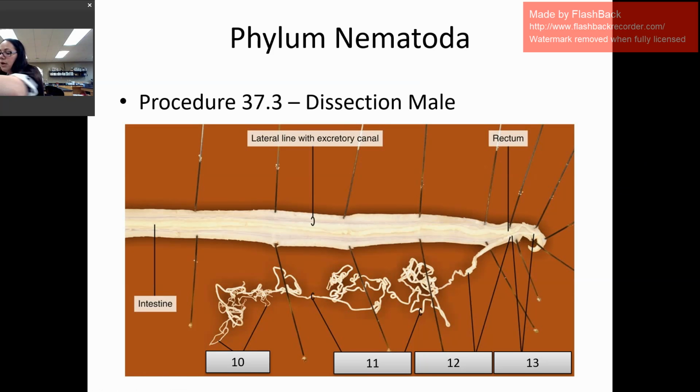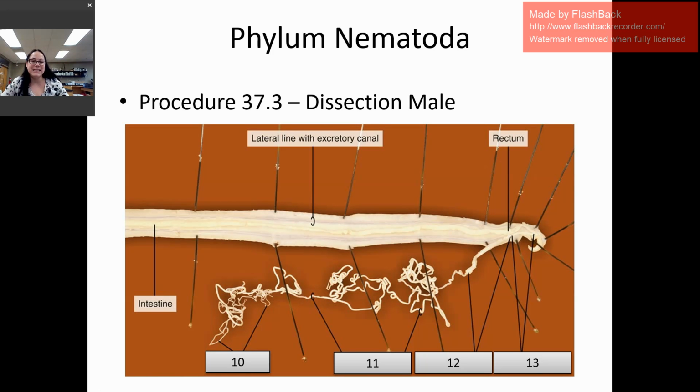Okay, so the sperm cells are made in the testes, just like in humans. Testes are the very thin thread-like duct over here. So number 10 are the testes. Then it becomes thicker, and this is the equivalent to what we have in male humans as well.